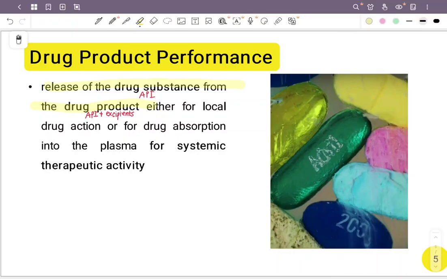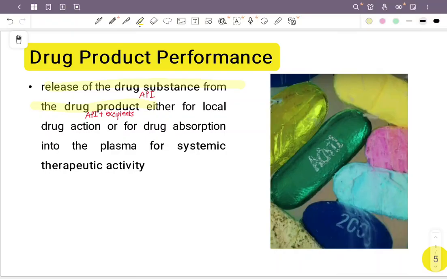So, for example, an antidepressant tablet. It is taken orally, so its general site of administration is the GI tract, including the mouth. Then the effect of our antidepressant tablet is not in the GI tract, but in the CNS. So our antidepressant tablet undergoes various processes to reach the CNS. That is an example of systemic drug action.